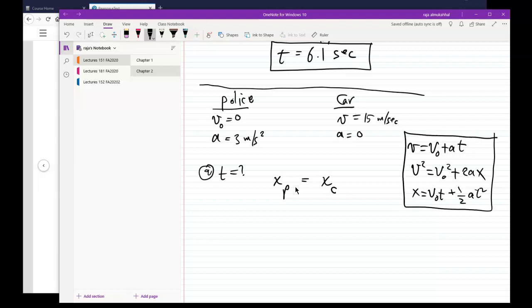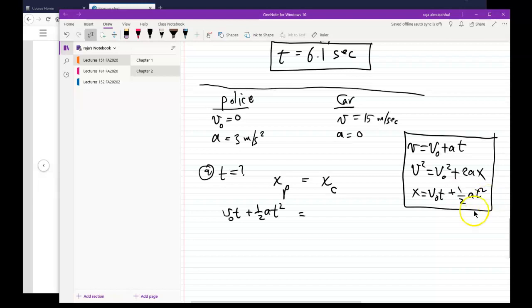All right, so how do we do it? Well, let's start with the police officer. I need to find the distance traveled, because they both have the same distance by the time they catch up with each other. Since he's asking for the time, I'm just going to go to the third equation. So I'm going to write it as v naught t plus 1/2 at squared.